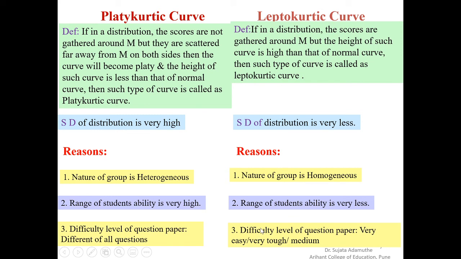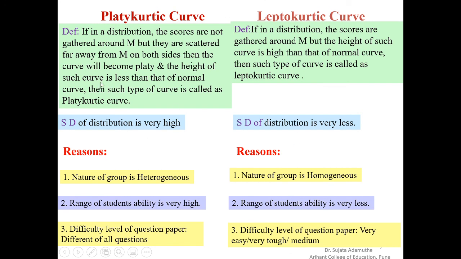That means the leptokurtic curve will come there. Very easy, the leptokurtic curve will shift to the right side. Very tough, it will shift to the left side, and medium, it will come in the middle like this.